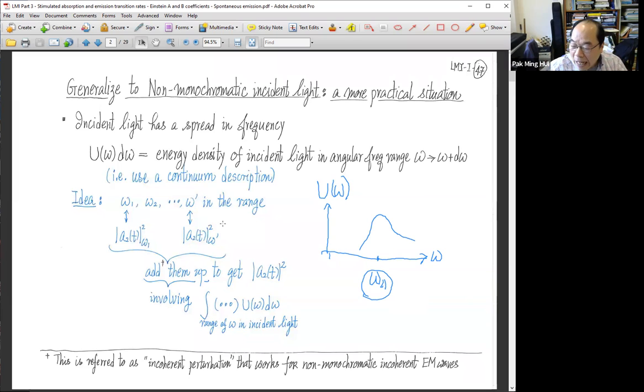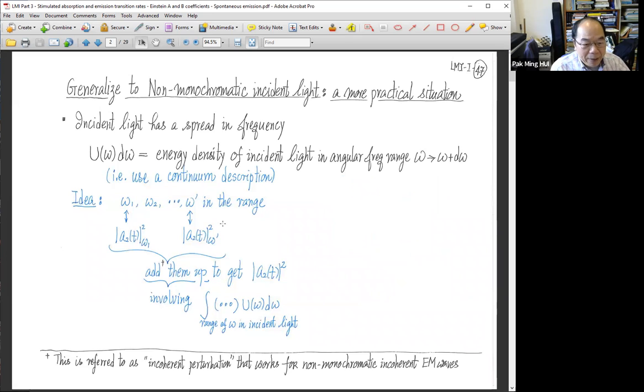However, that should be overlapped onto the very sharp F of omega that we discussed. Okay, so in that context, when I zoom into that very narrow omega, my laser distribution in frequency indeed looks very broad. So that is the idea.